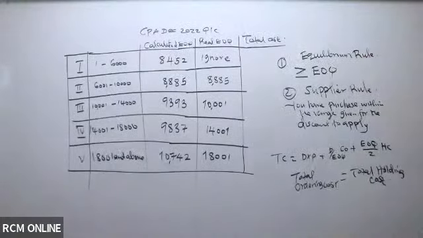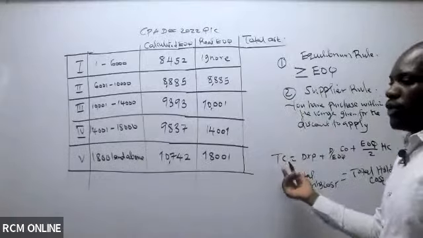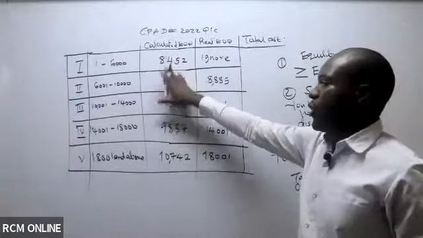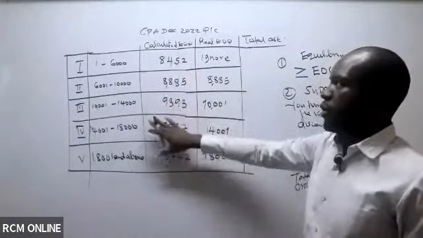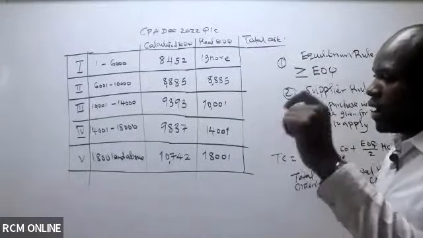We agreed on that. We discussed this at the introduction of this topic. Now, you have to comply with these two rules. If this is the equilibrium point, we want to advise this company whether to accept the offer or not.